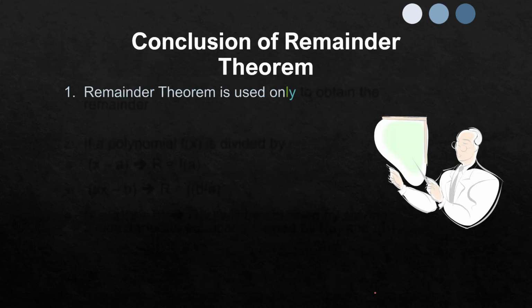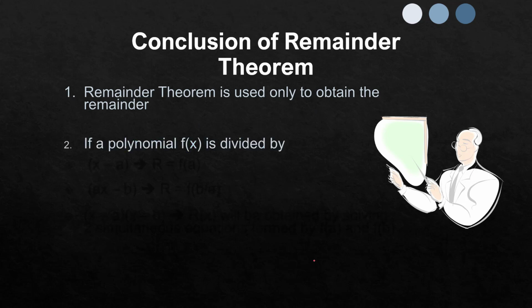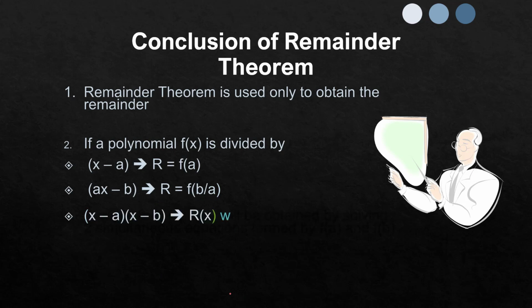Okay, so this is the conclusion of the remainder theorem. The remainder theorem is used only to obtain the remainder. If a polynomial f(x) is divided by x - a, the remainder is f(a). If the divisor is ax - b, then the remainder is f(b/a).